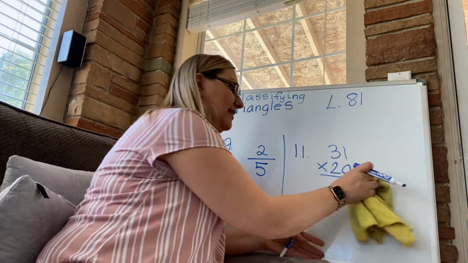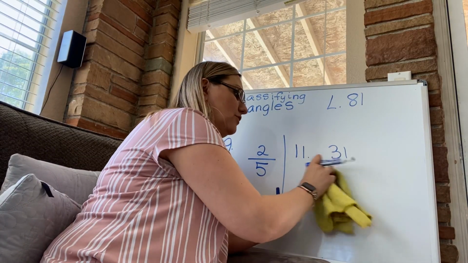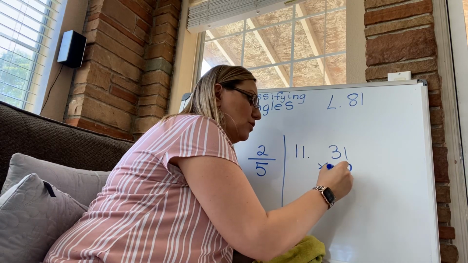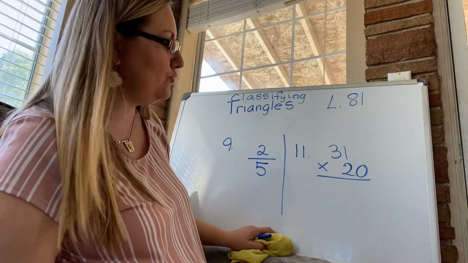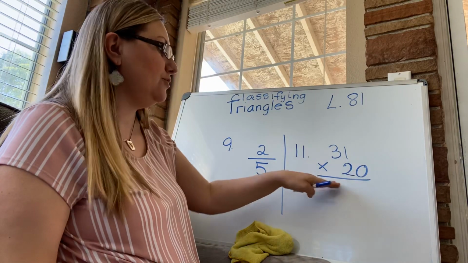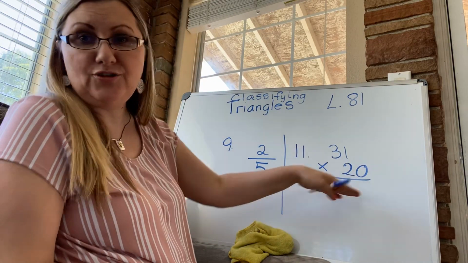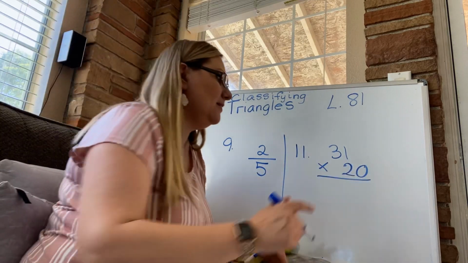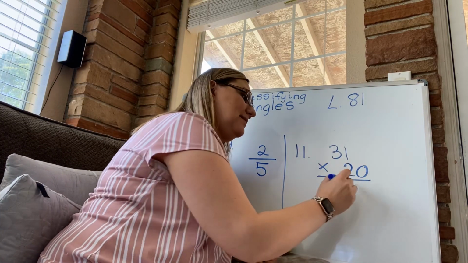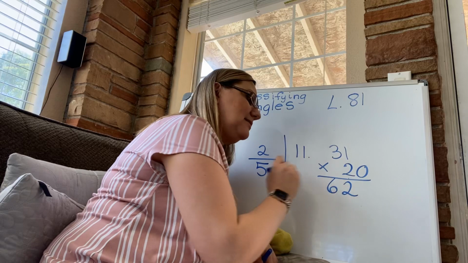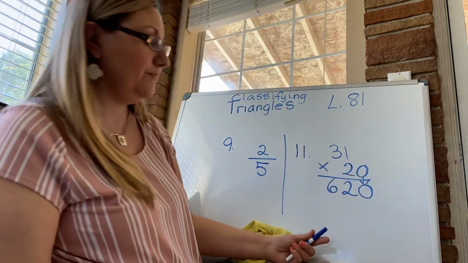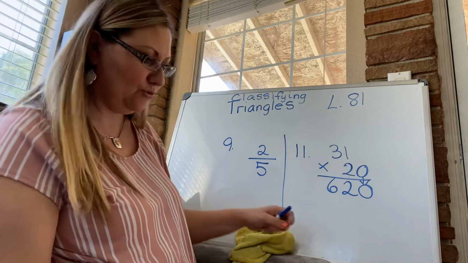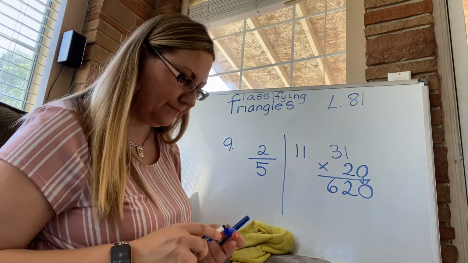Instead, we're going to write it as 31 times a multiple of 2, 31 times 20. And we will do the more simple multiplication and then add that 0 at the end. So 2 times 1 is 2, 2 times 3 is 6, and just simply bring down the 0, and your answer is 620 for number 11.